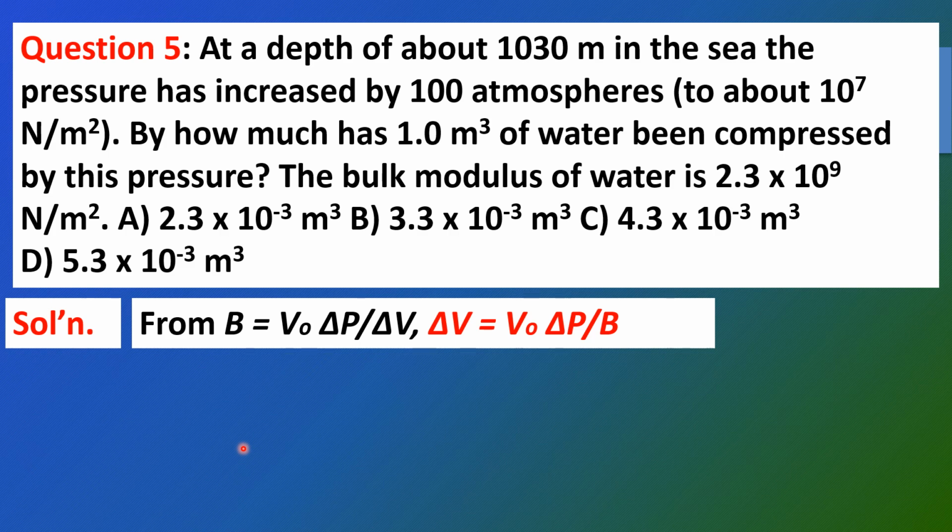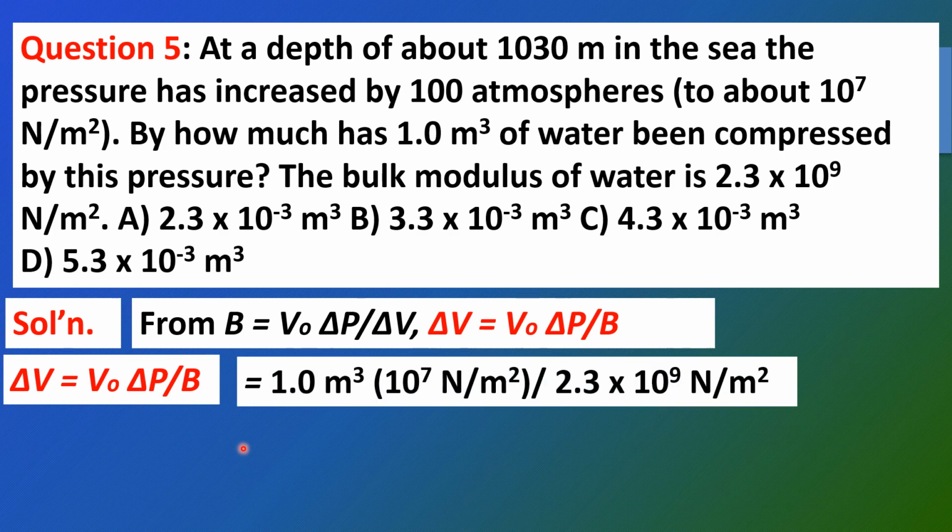And as usual, substituting the given quantities for that formula. The original volume is 1.0 cubic meter multiplied by the volumetric stress or delta P, 10 to the 7th power Newton per meter squared, divided by the bulk modulus, capital B, or 2.3 times 10 to the 9th power Newton per meter squared.